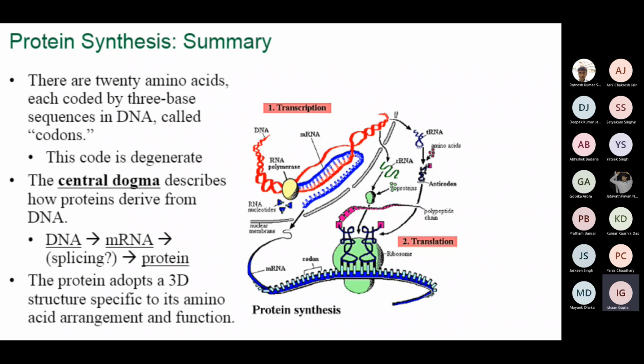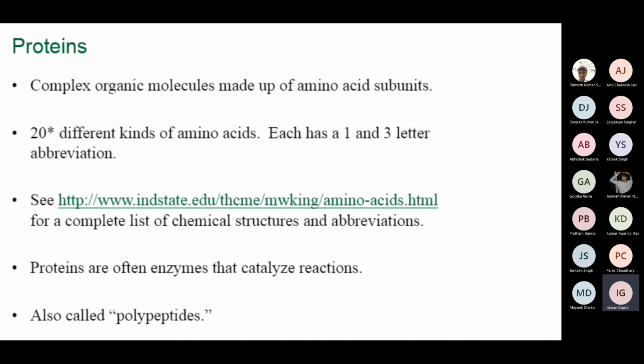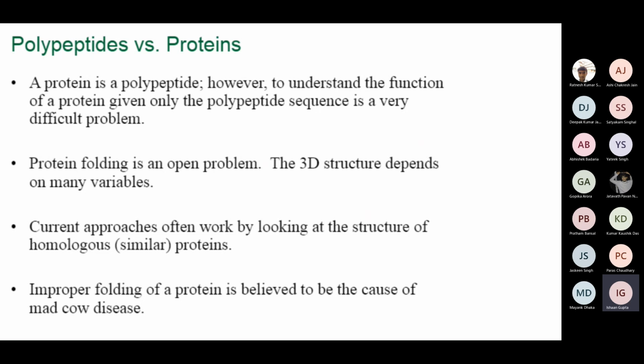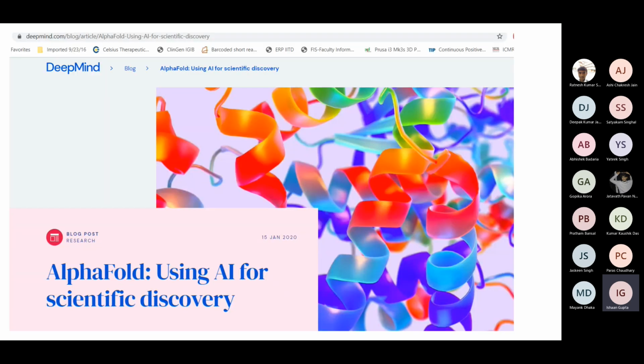Until so far, people were not able to predict the structure of a protein just by looking at the amino acid sequence, or the polypeptide sequence. But last year, Google unveiled its deep learning machine called AlphaFold, which has learned how proteins fold based on thousands of protein structures fed into this machine learning platform.